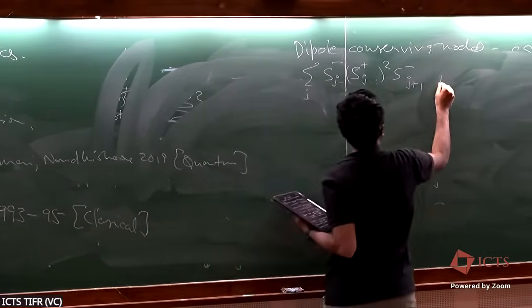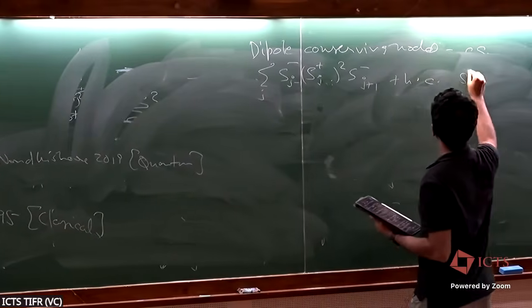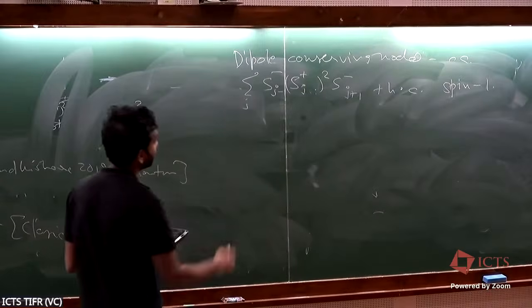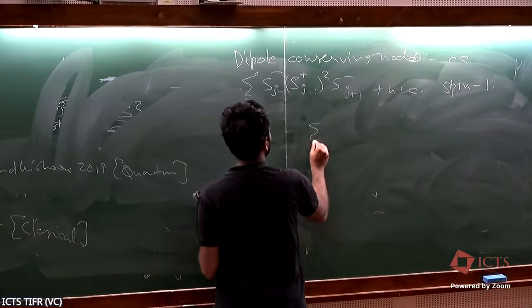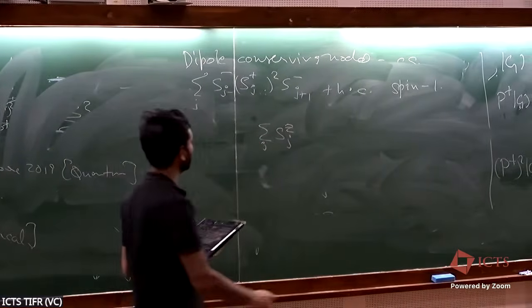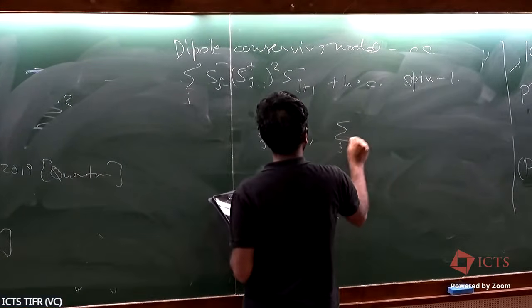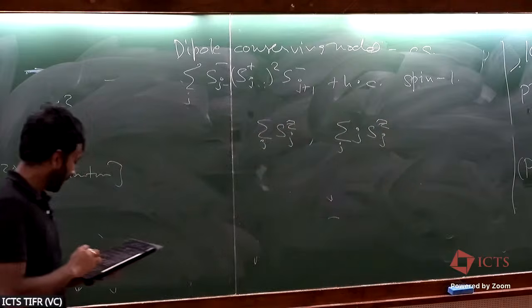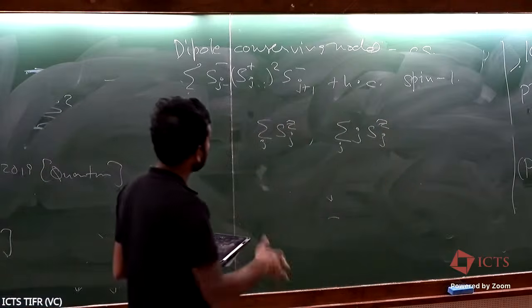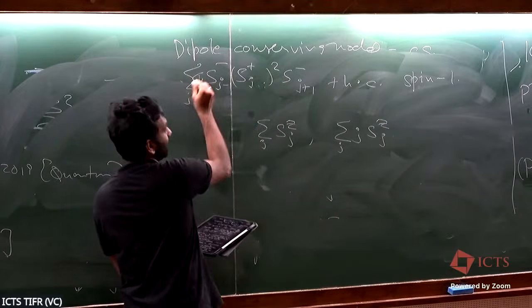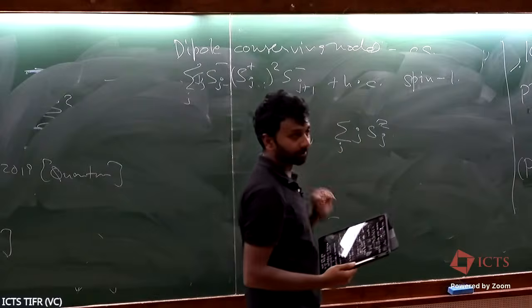And this is a spin-1 model. If you look at the symmetries of this model, it's just the charge conservation and the dipole moment conservation. There are no other obvious symmetries, and you can also make this disordered and so on. These are the two symmetries of the problem.